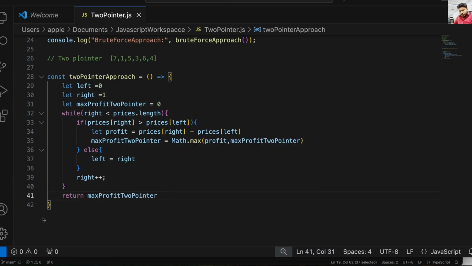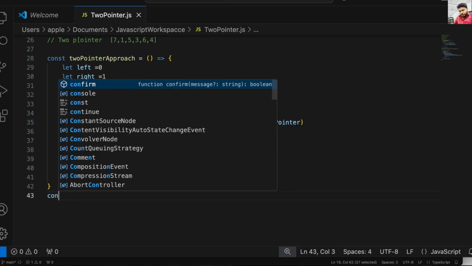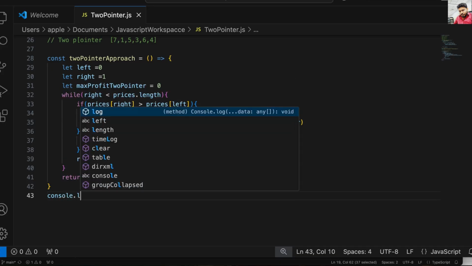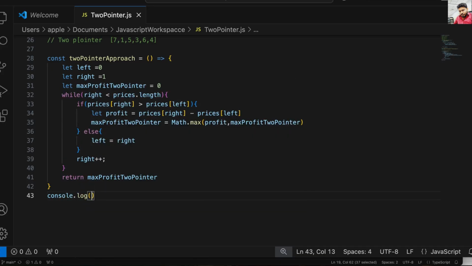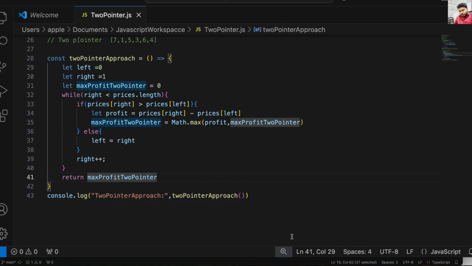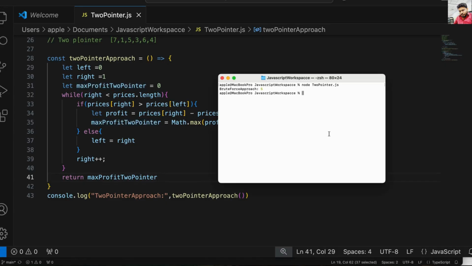Okay, so let's say now I am doing the console log. Two pointer approach, comma, then we need to call that. Okay, I am done.